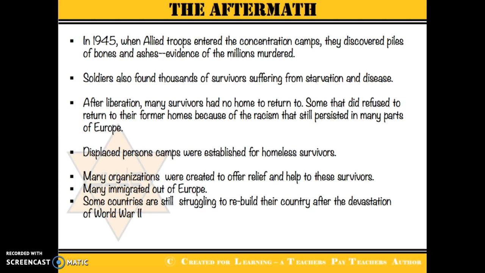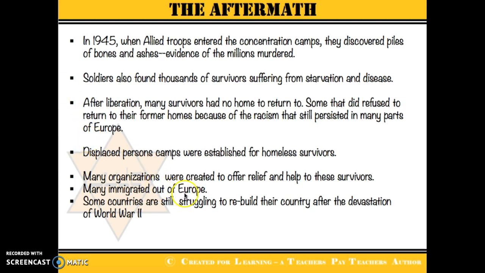And after liberation, so after being freed, many survivors had no home to return to, and some that did actually refused to return to their former home because of the racism that still persisted in many parts of Europe. So just because the war was over didn't necessarily mean that the racism was over. So some of these people did not return home once they were rescued.